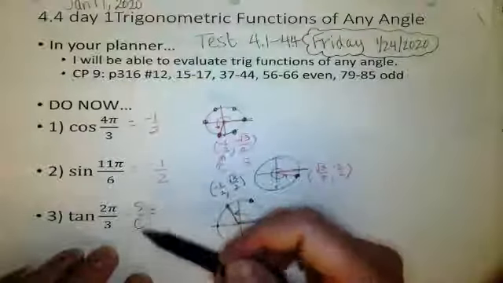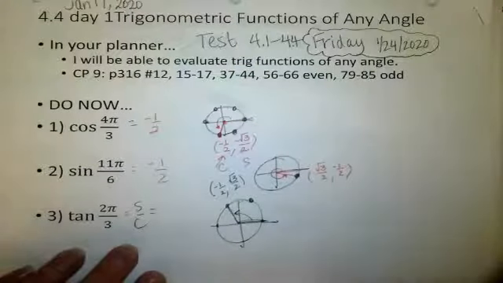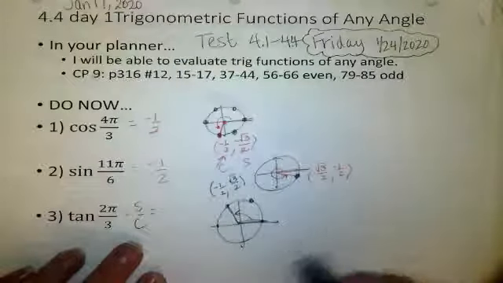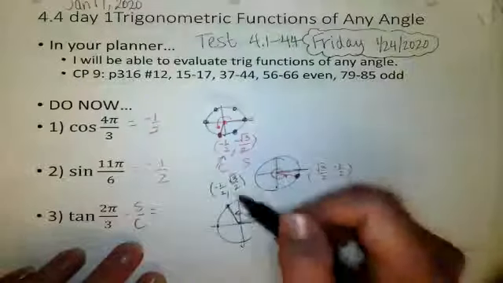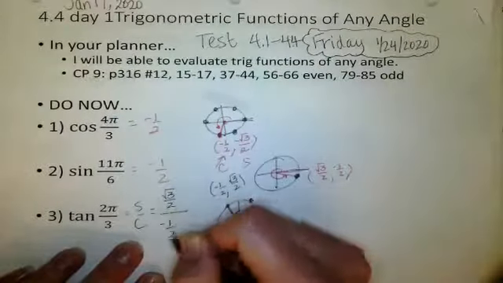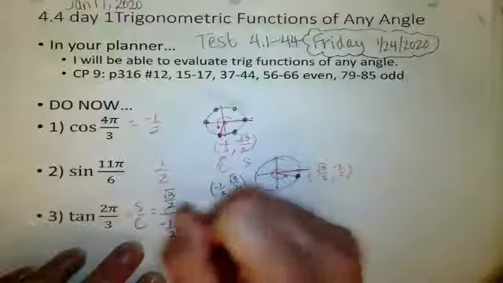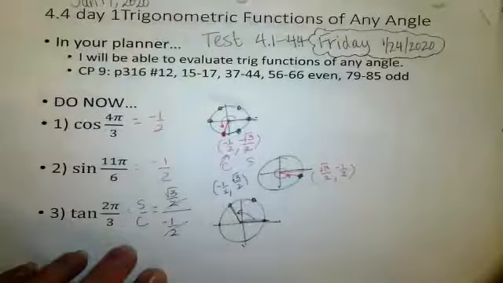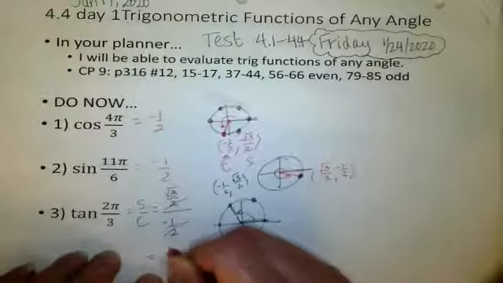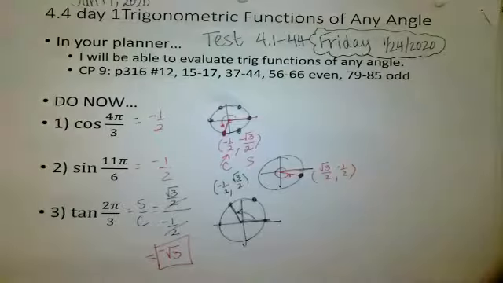I'm going to use sine over cosine more often because you need to hear it so that you remember it's sine over cosine. We need that later. So that would be radical 3 over 2 divided by negative 1/2. And what happens to clean that up? The denominators reduce, and we're left with a radical 3 and a negative. So negative radical 3. Okay.